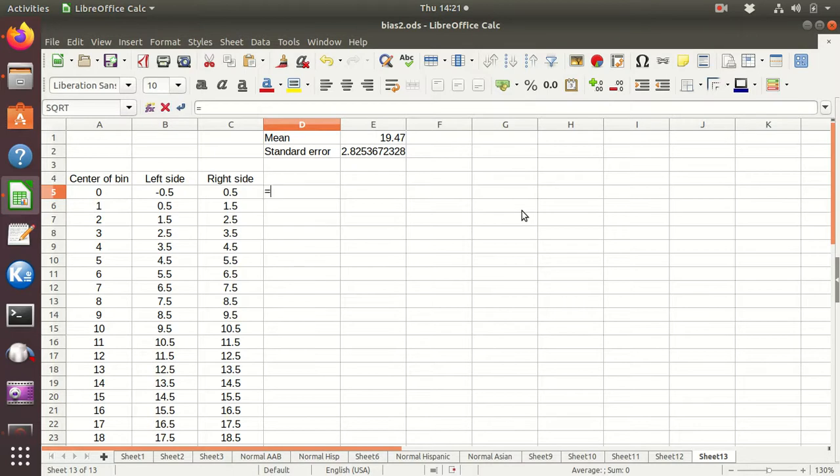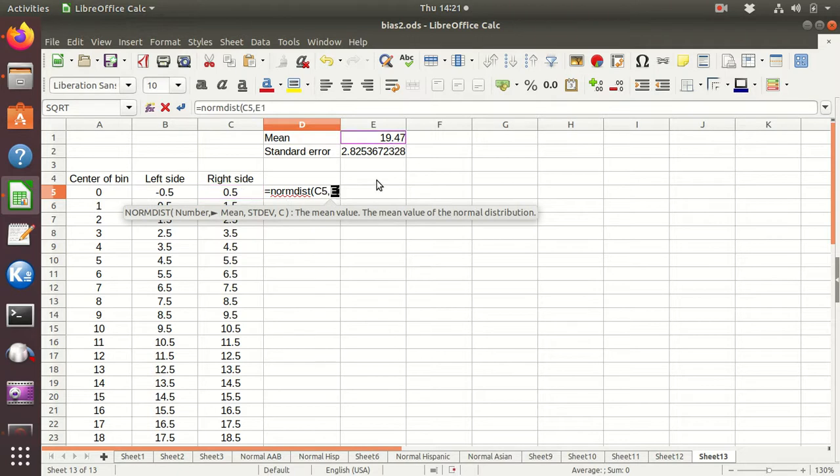and so I have equals the normal distribution, and again I need that number. Then I need my mean, but I want to put dollar signs on that. So there's a dollar sign in front of the E, dollar sign in front of the 1, comma. Then I need my standard deviation, but I also need dollar signs on that.